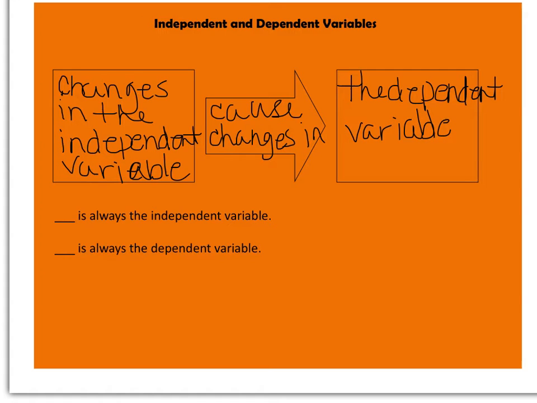Now, x is always the independent variable, or in other words, your input. And y is always the dependent variable or output.